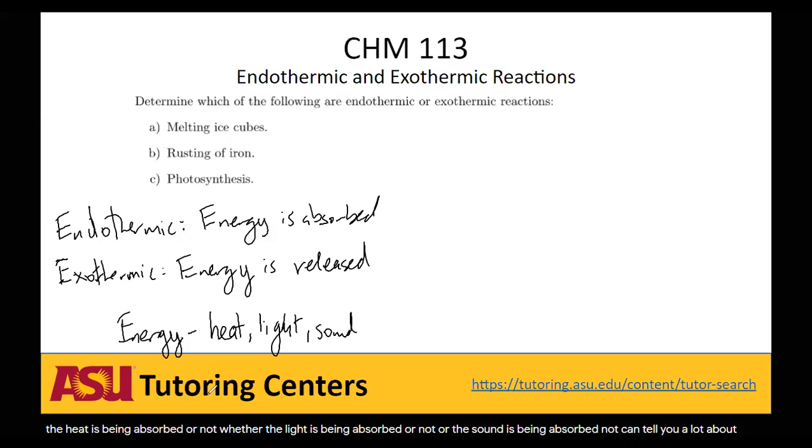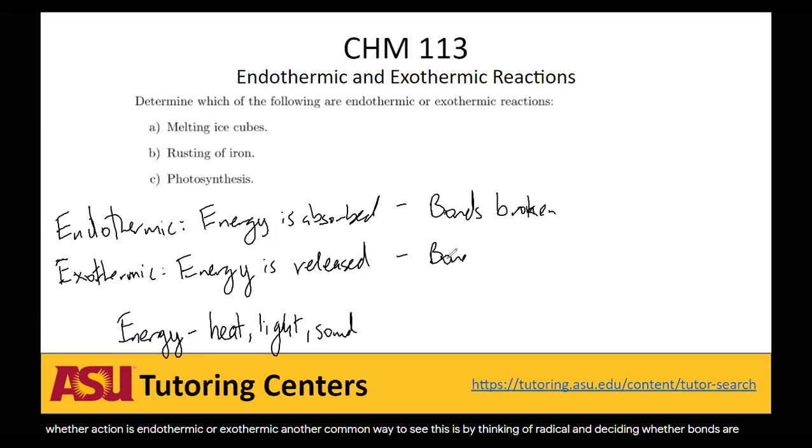Another common way to see this is by thinking about it in terms of the theoretical and deciding whether bonds are being formed or bonds are being broken. If you want to break a bond, you need to absorb energy. Oops. Bond's broken. If you want to form a bond, that usually corresponds to releasing energy.